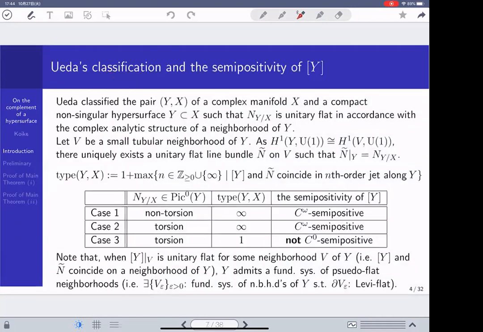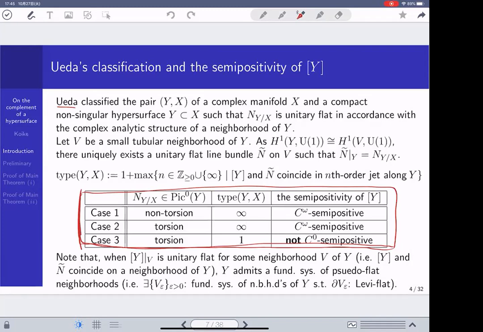So we can see this kind of summary or table. But for explaining what this is, I'd like to shortly explain Ueda's classification and compare it with the semipositivity of Y.